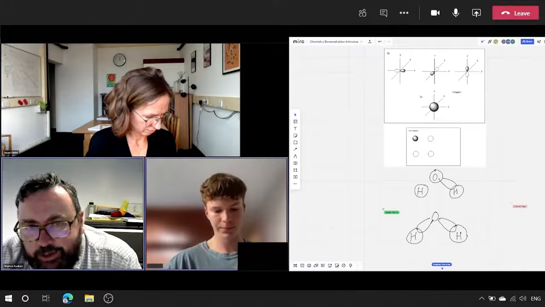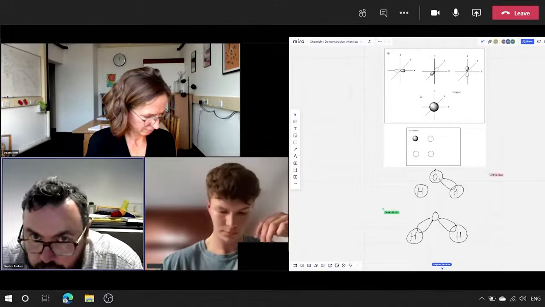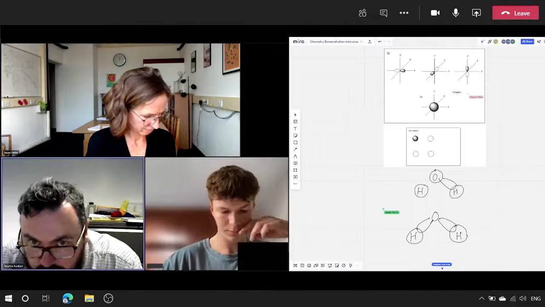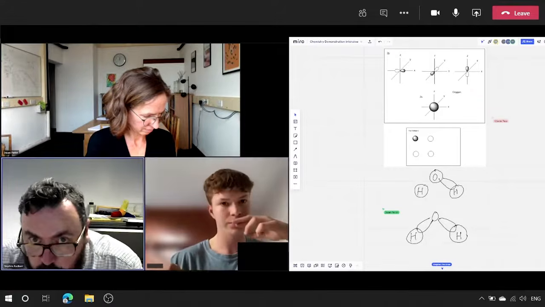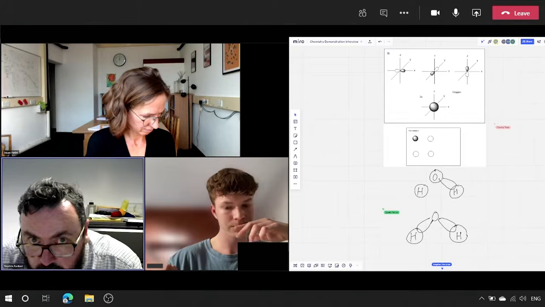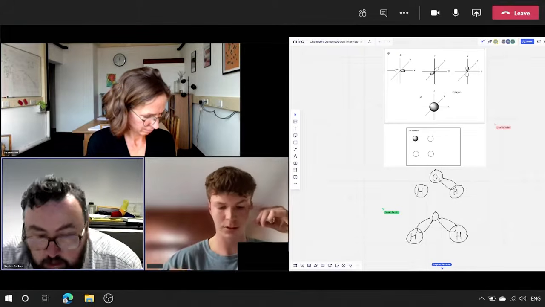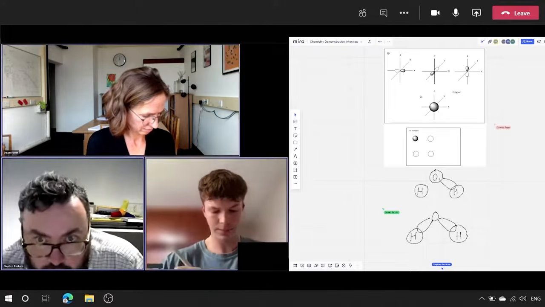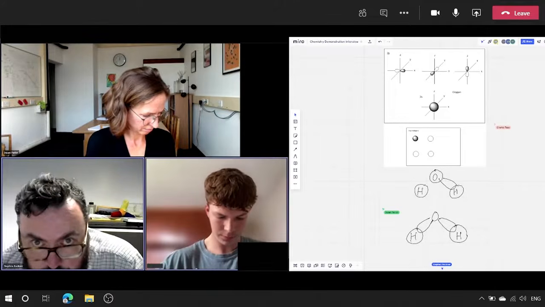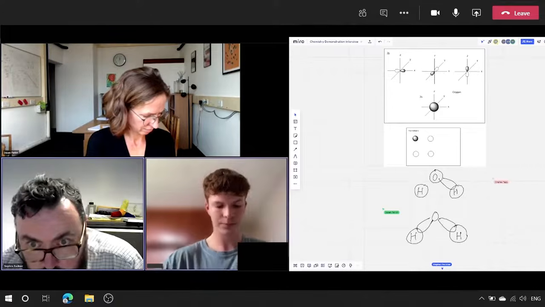And it's got another little issue. If you look at the picture, you've got one side of it which is shaded and one side of it that isn't. And what we really want is for a shaded bit to match a shaded bit and for an unshaded bit to match an unshaded bit. So if we were to draw that p orbital, how could we arrange hydrogens so that we've got a shaded one on one side and an unshaded one on the other?